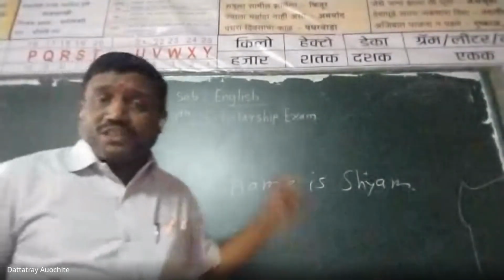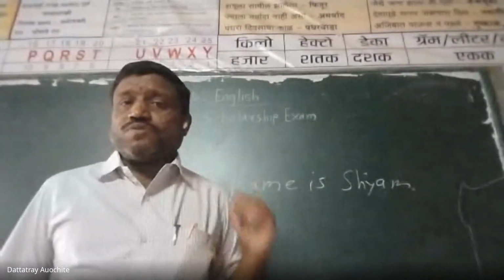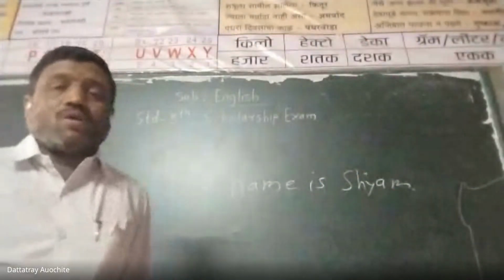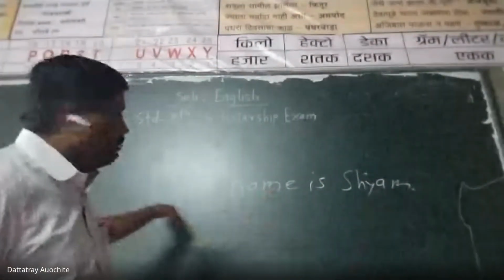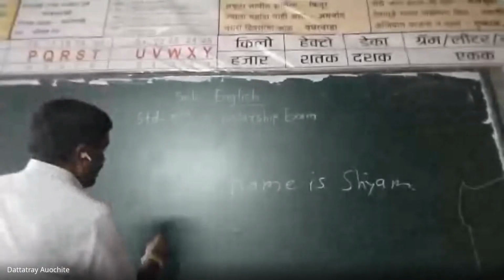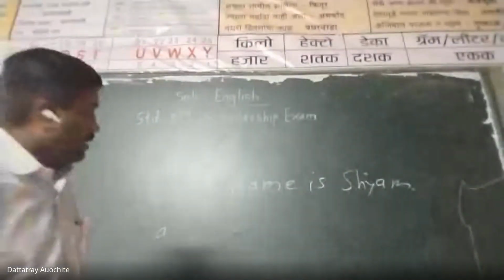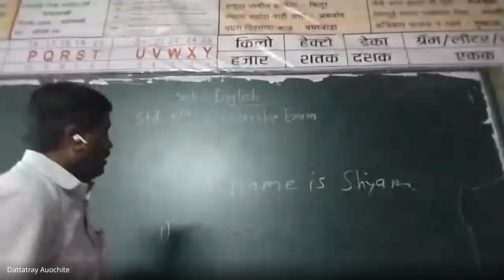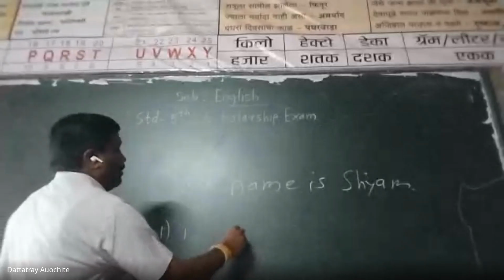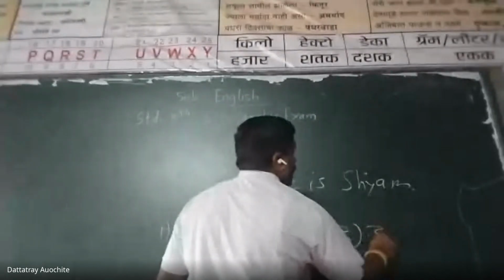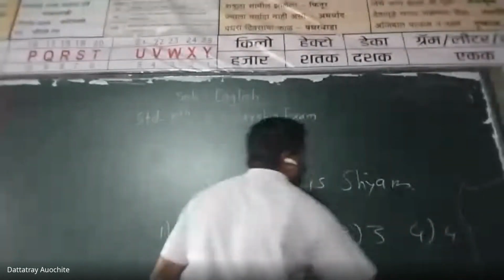Four options are given: first option, 1 word; second, 2; third, 3; fourth, 4.